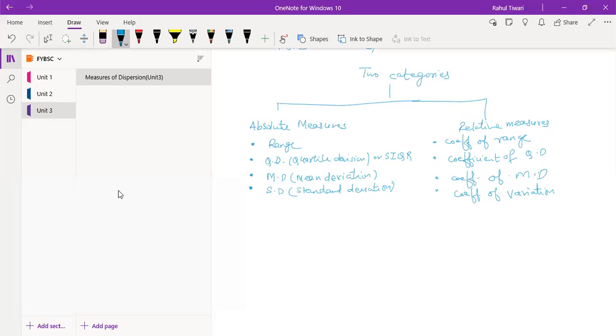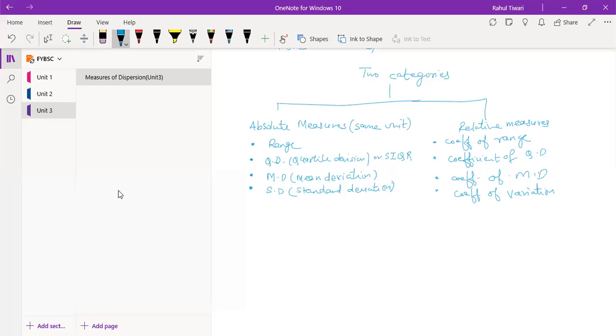If I talk about income, it is always going to be in rupees, not in pounds. So if the data observations have the same unit, I may always use absolute measures.